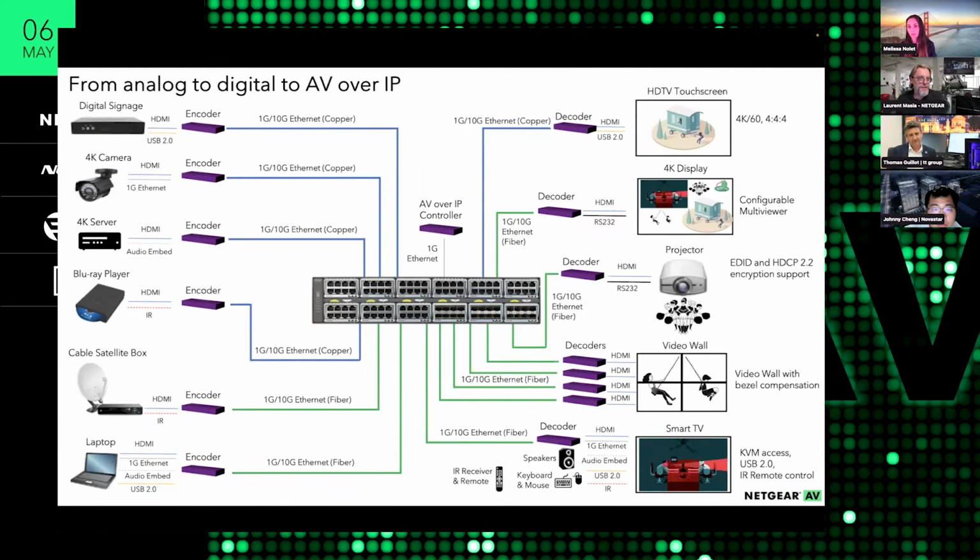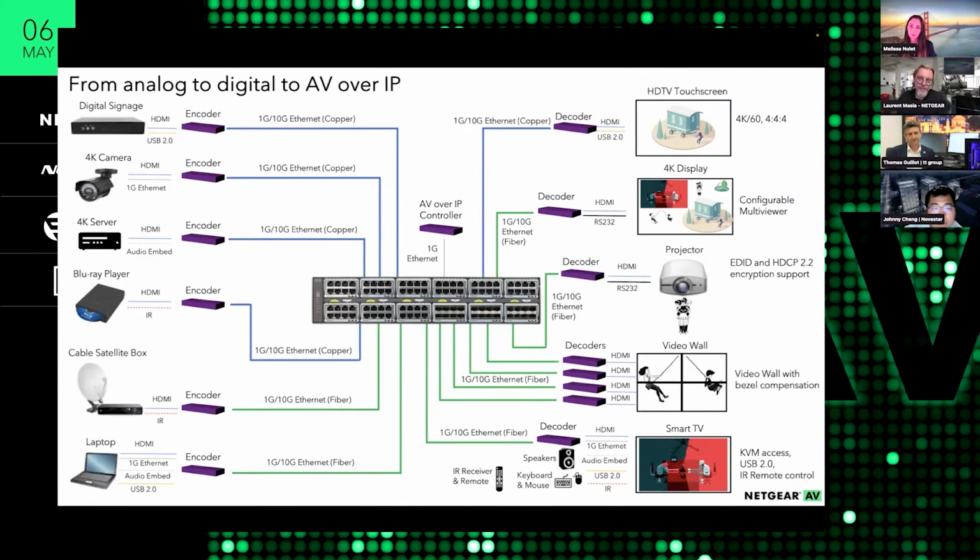You heard about the encoders that we are going to use with SDVoE to capture the HDMI in and packetize it without any compression, without any latency. And on the other side, either you have SDVoE decoders, but in this solution, you have those input-output cards from the TT group directly fitting into the Novastar controller for the LED walls.